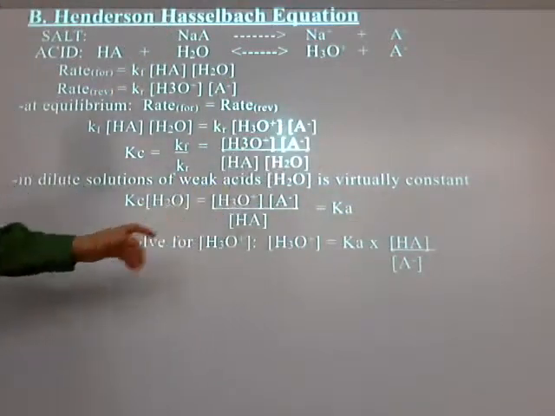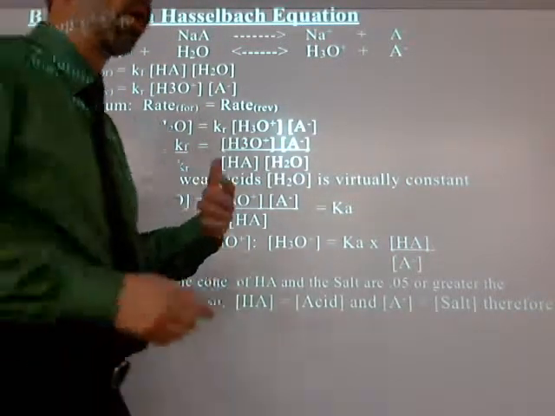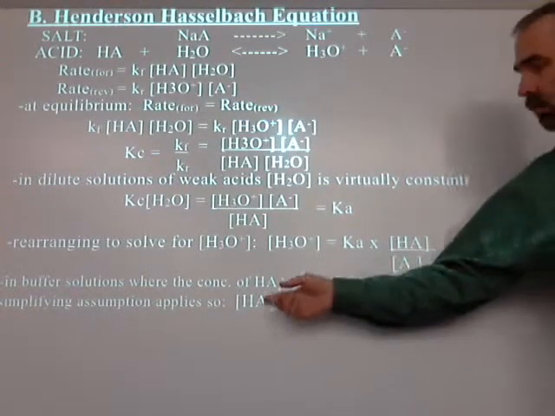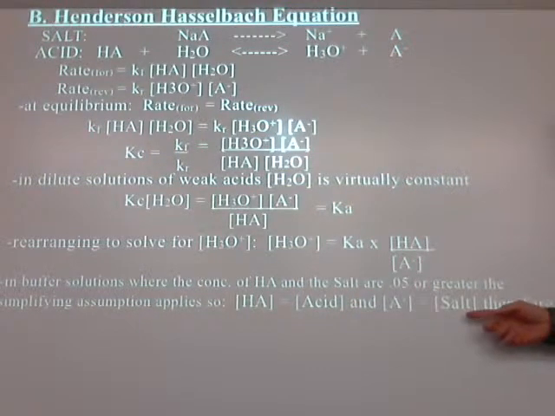For the salt's concentration, it's just going to be whatever the salt is. I can ignore X. So, in a buffer solution where the concentrations of HA and the salt are at least 0.05, and your exponent for a weak acid is -4, which by definition it has to be a weak acid pretty much, you can use a simplifying assumption, and the HA is going to be whatever the concentration is in the problem, and the A is going to be whatever the concentration of the salt is in the problem.